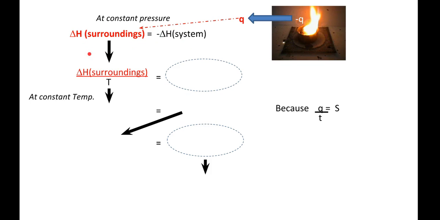So we're going to rewrite that right there. So delta H of the surroundings, and what does it equal? Now, you notice I divided by temperature. Okay? And that should be why I'm doing that, because Q over T is entropy. I'm going to link the energy change in terms of the heat flow of the surroundings to entropy.